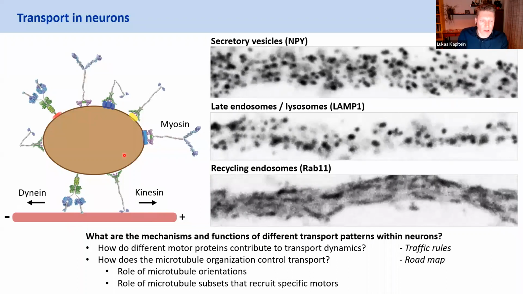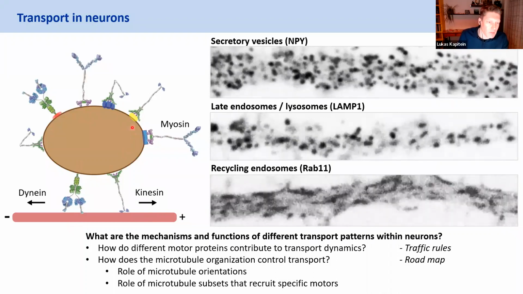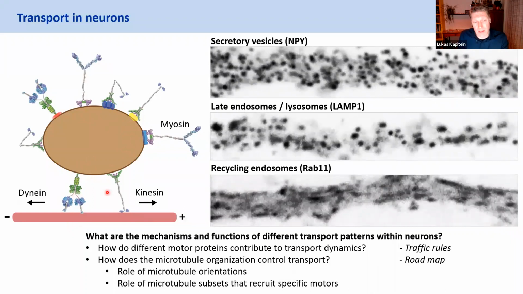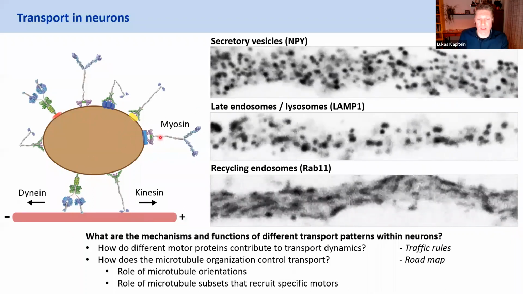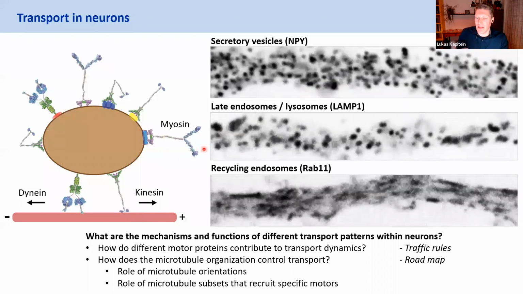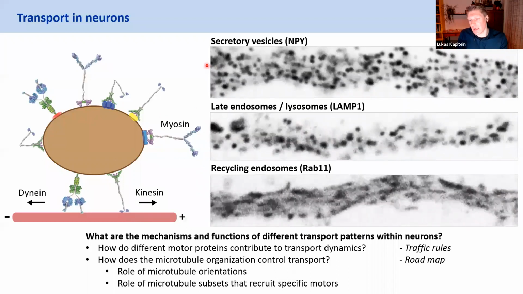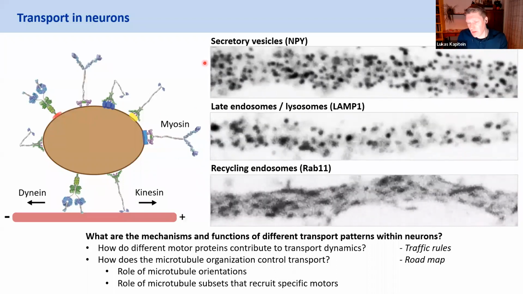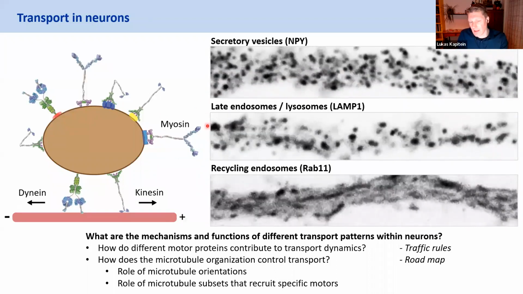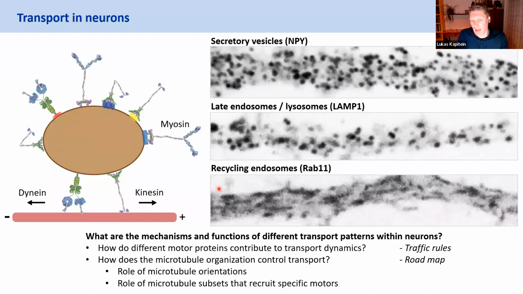And so, because there are many different families and cargos can recruit different types of motors, and not just microtubule-based motors, but also actin-based motors, this leads to very big differences in the dynamics of different cargos in the cell. So here we see the dynamics within dendrites of secretory vesicles, late endosomes, lysosomes, or recycling endosomes. And you can really see that they have very different dynamics.